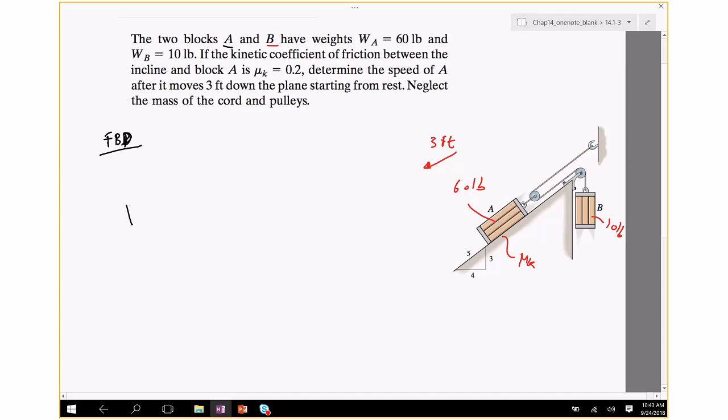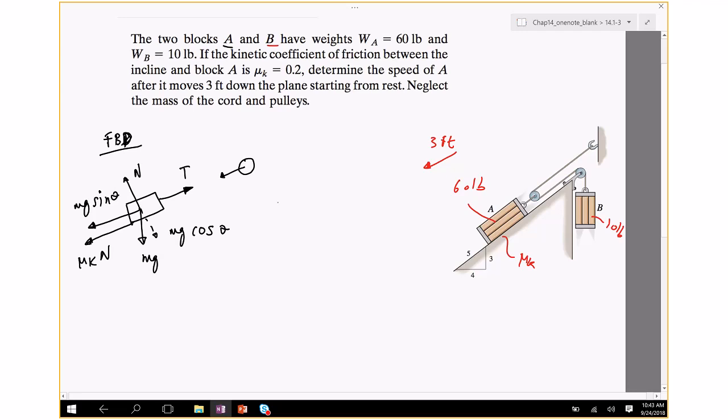Okay, let's draw a free body diagram for A. mg and mg cosine theta, mg sine theta, and then there's friction, so that's going to be mu k times N, then T. So this connects to the pulley, which is the same tension force.